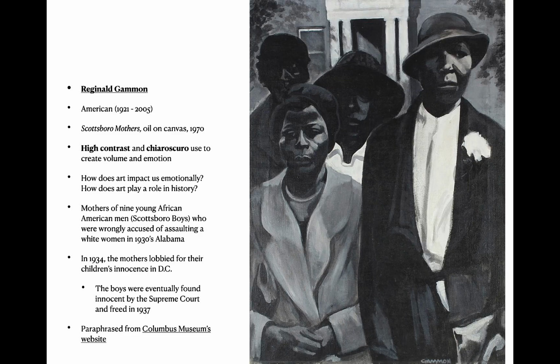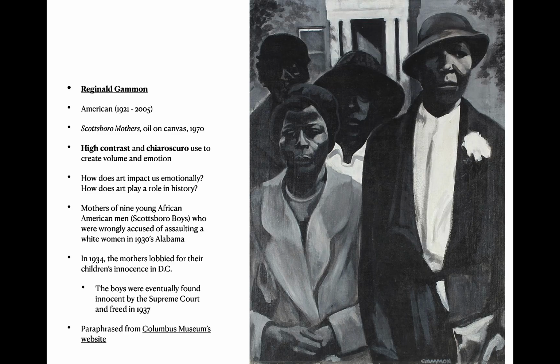And the mothers went to Washington, D.C. and lobbied for their children's innocence. Eventually, it took a long time, but the boys were eventually found innocent by the Supreme Court. So it was a big Supreme Court case, and these mothers went there and stood up for their kids who they knew were innocent. So it's a really intense, emotional story.